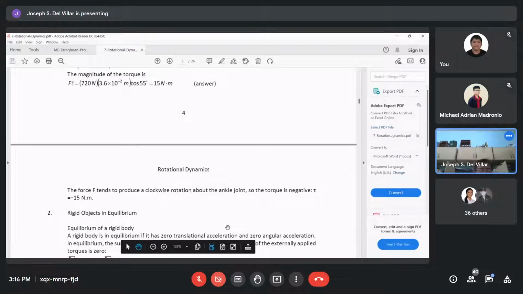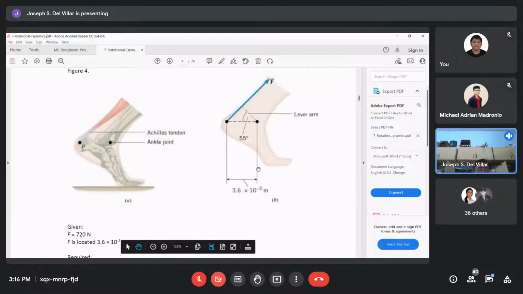Okay? So here it is. Now, what could be another solution to this? For example, I want to use 3.6 times 10 to the negative 2 meter. I want to use this distance as the lever arm. What do I do? Okay? I do not want to use the red dotted line as the lever arm.